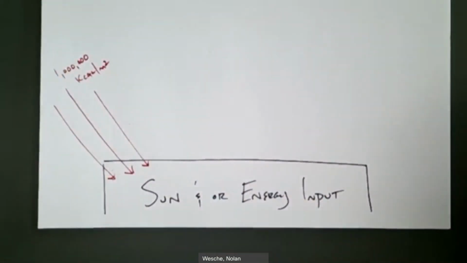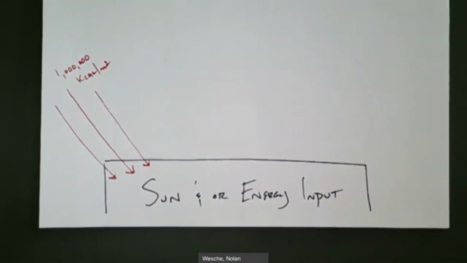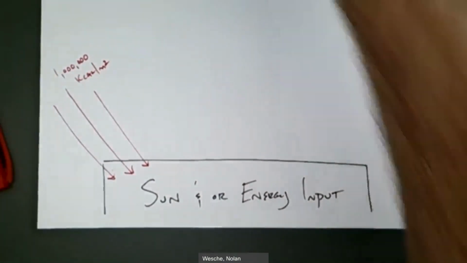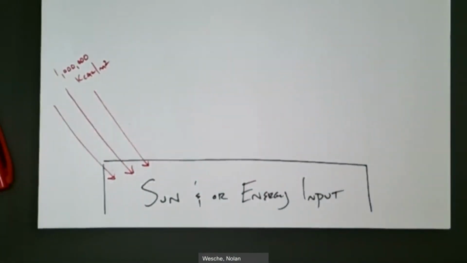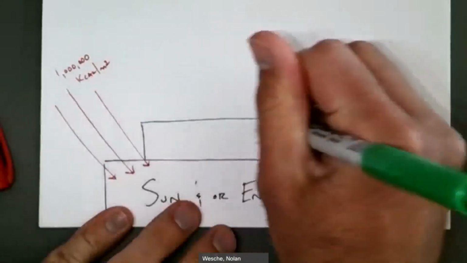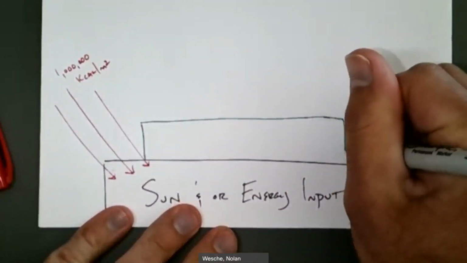So 1,000,000 kcals, which is what you would find on the back of a package of food, or calories. A kcal is a calorie per meter squared. So then the next trophic level, this actually, I guess, would not technically be a trophic level. This would just be the energy input. But when we step this higher, now we're talking trophic level.